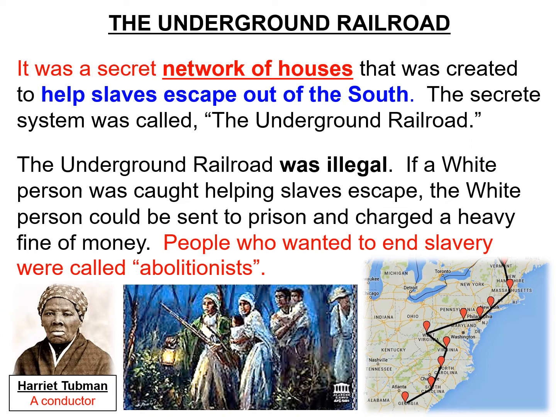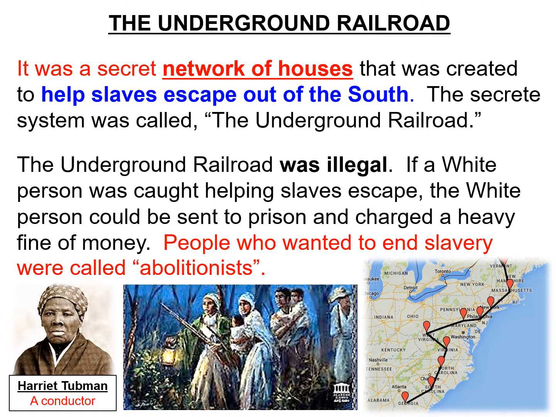Now, as I said, some people, they sabotage their owner's property by breaking the tools or the machines. Some slaves led uprising, and a lot of slaves, they ran away. Now, one of the ways that you can get some assistance, if you were a slave trying to get to the north, is by using the Underground Railroad.